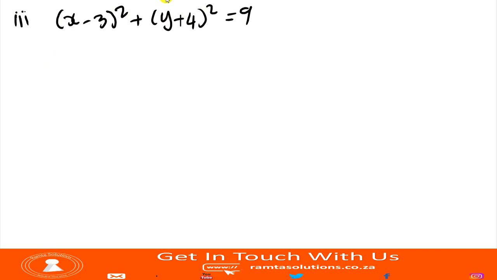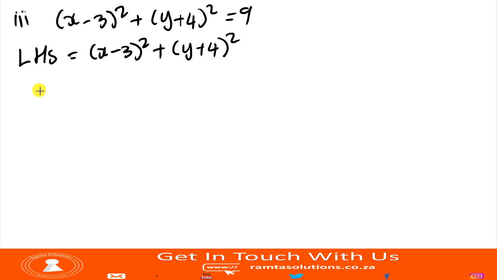Now there's a point that we are looking for, so we take the left-hand side, open bracket x minus 3 close squared plus open bracket y plus 4 close squared. Now we substitute at the point with coordinates 3 over 2 and negative 2. What do we get?